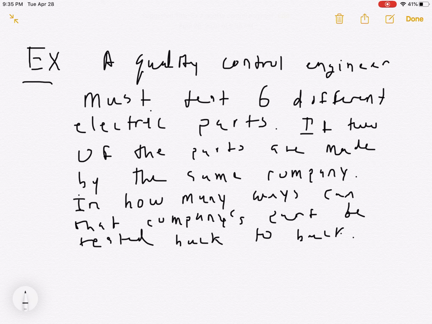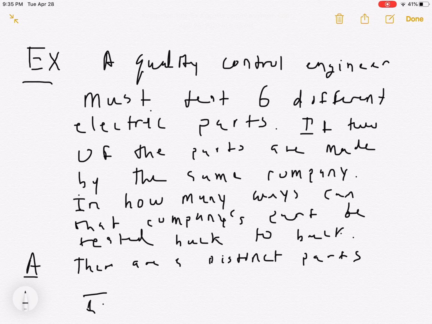And here's going to be my answer. My answer is that there are 5 distinct parts. So the number of ways to test 5 distinct parts is going to be the first, second, third, fourth, and then the 5th.